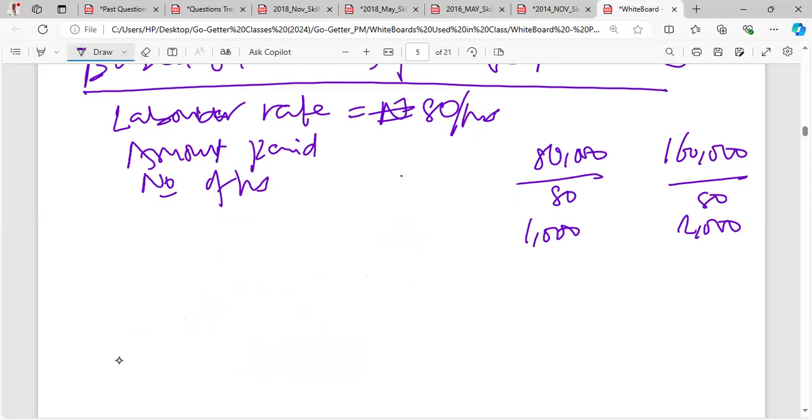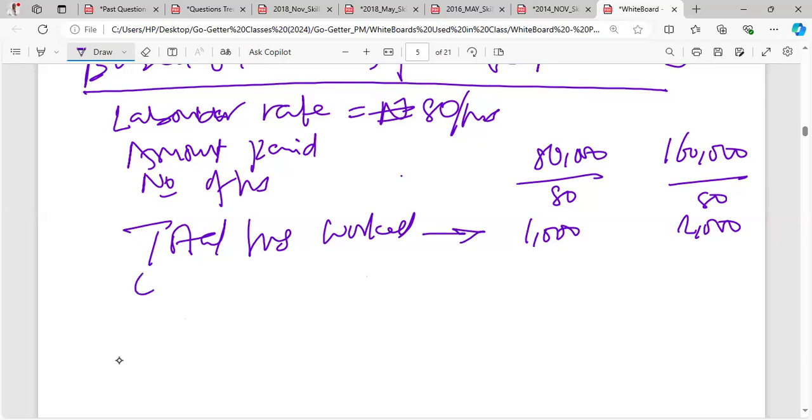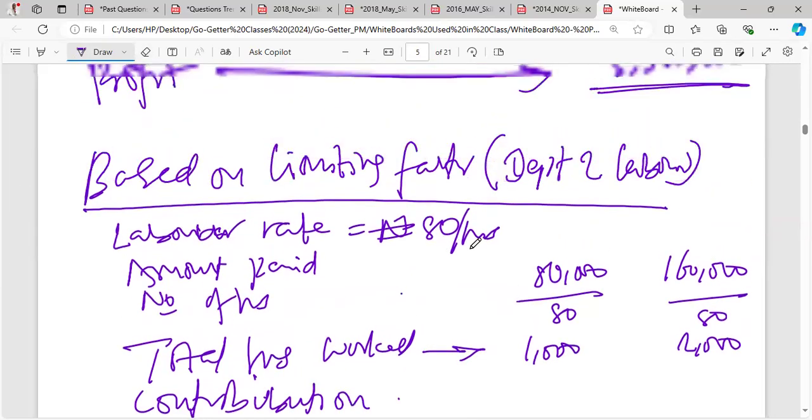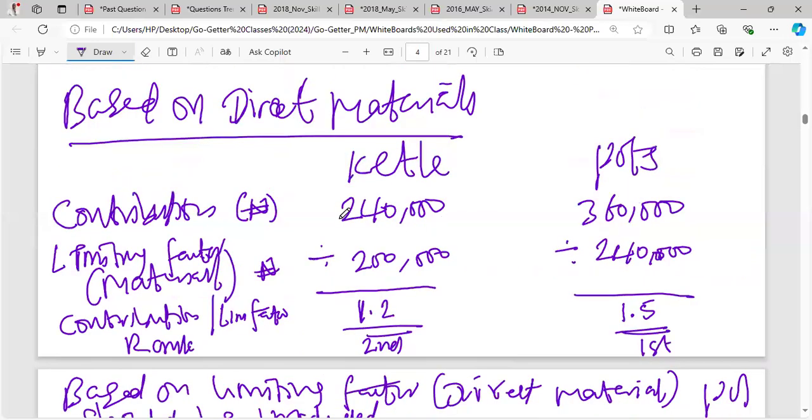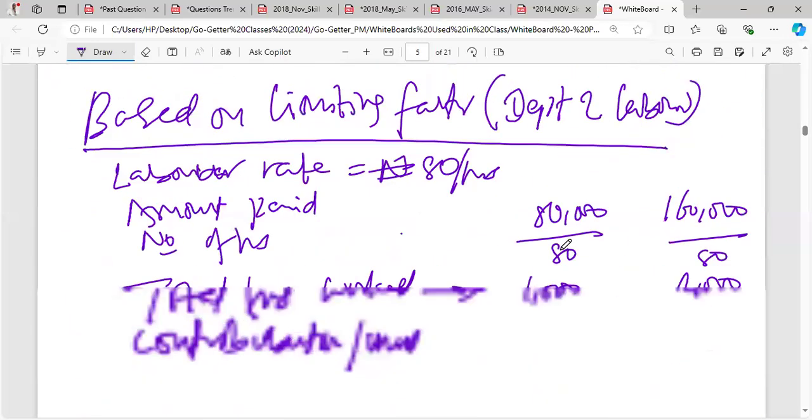We have, this is our total hours worked. Then we have our contribution. They didn't give us contribution per unit. How much was our contribution when we calculated? This is 240, this is 360.